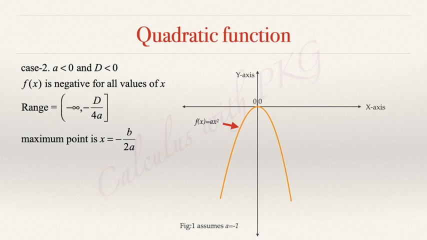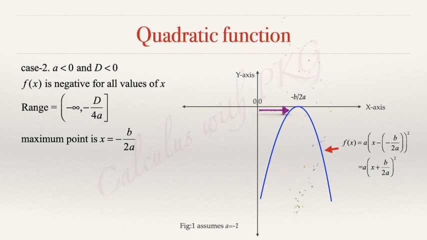Now shift the parabola right by minus b by 2a units, then we will get the new function f of x equal to a times x minus minus b by twice a, whole square, equal to a times x plus b by twice a, whole square, and again shifting the parabola down by minus d by 4a units, we will get the original function.